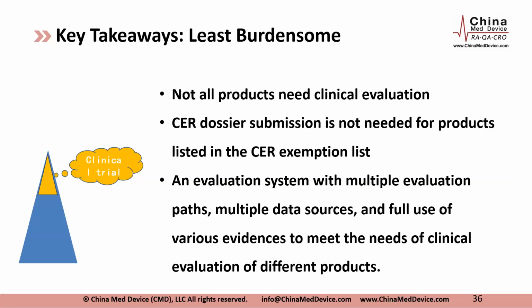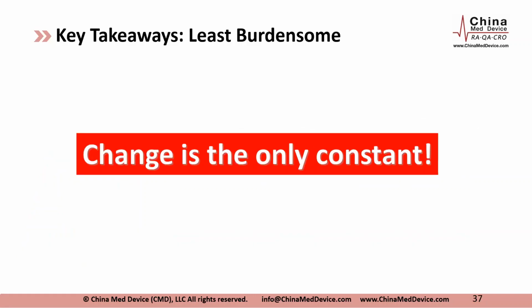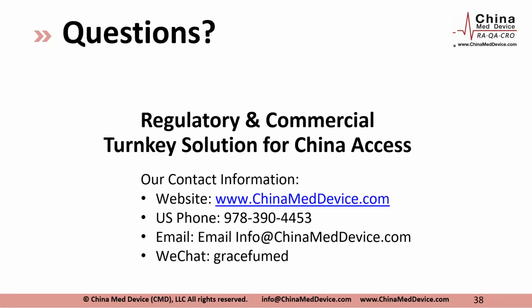So these are all good news for the overseas manufacturers, and definitely make it a least burdensome way in your deficiency response, using the first generation product to justify the second generation, if you can be convincing enough that the changes do not impact the safety and efficacy. So that's the key point, and the only thing that changes, the only constant in China.